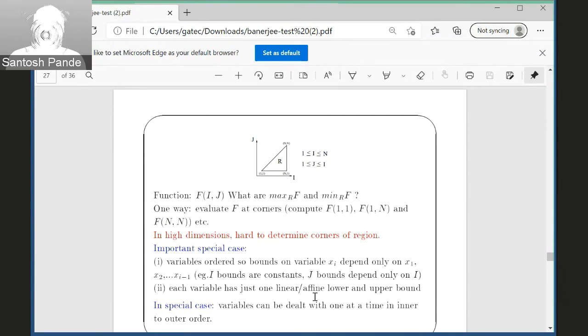For example, the constants here in this particular case are 1 and n, so for i. However, for j, you can see it is from 1 to i. So how do we handle a case in which the constraint on one variable is in terms of another variable, like a triangular loop?